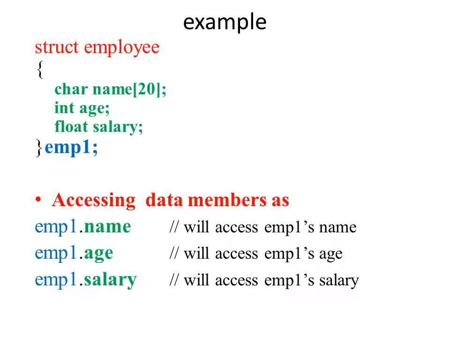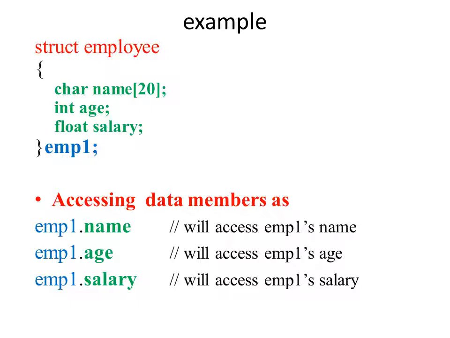For example, I will explain the same concept here. The one structure I have declared is named employee. First use the keyword struct followed by the structure name employee. What I want to collect here are the different attributes of the employees: the name, age and the salary of the employee.